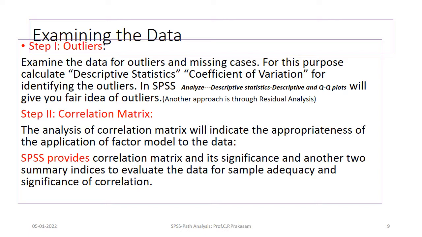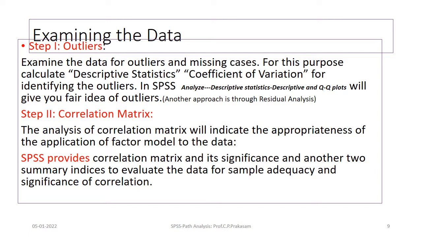Then step 2, correlation matrix. One of the important things in factor analysis is the correlation matrix. It starts with the correlation matrix only. Therefore, the analysis of the correlation matrix will indicate the appropriateness of the application of the factor model to the data, whether it is significant or not, and how many variables are to be selected, how they are correlated and all these things.